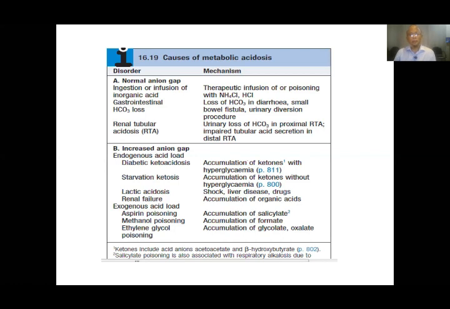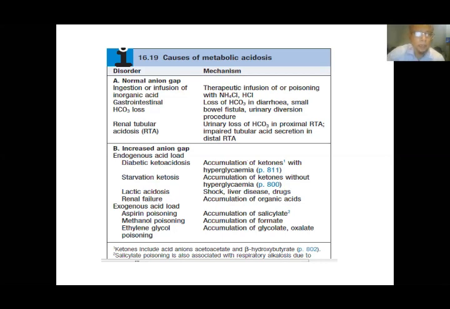In case of normal anion gap, that is ingestion or infusion of inorganic acid, that is therapeutic infusion or poisoning with ammonium chloride or hydrochloric acid, gastrointestinal bicarbonate loss, as in case of diarrhea, small bowel fistula, urinary.